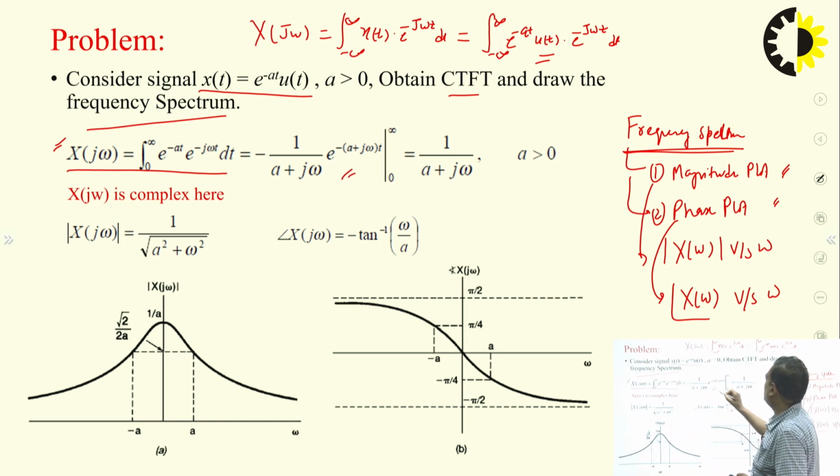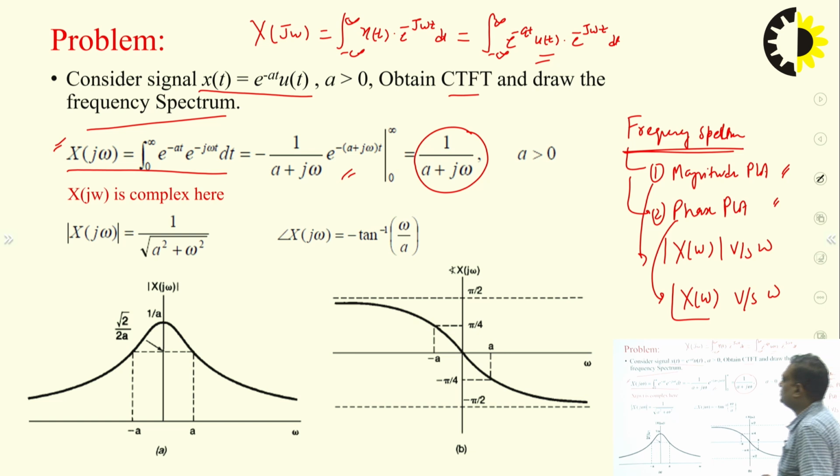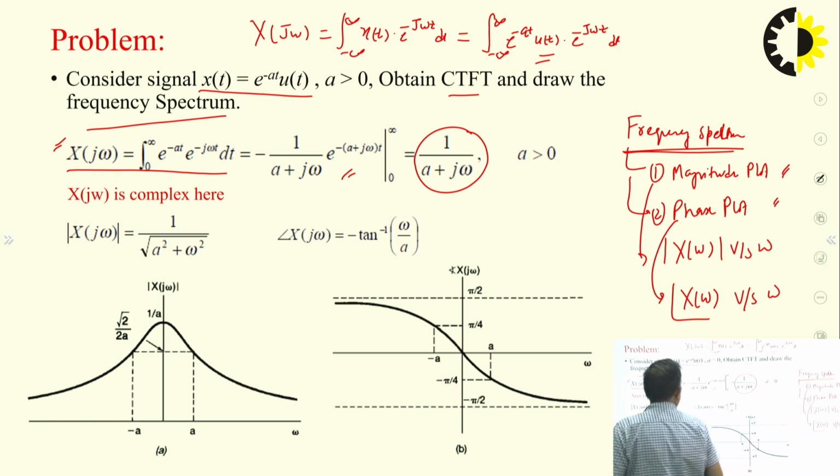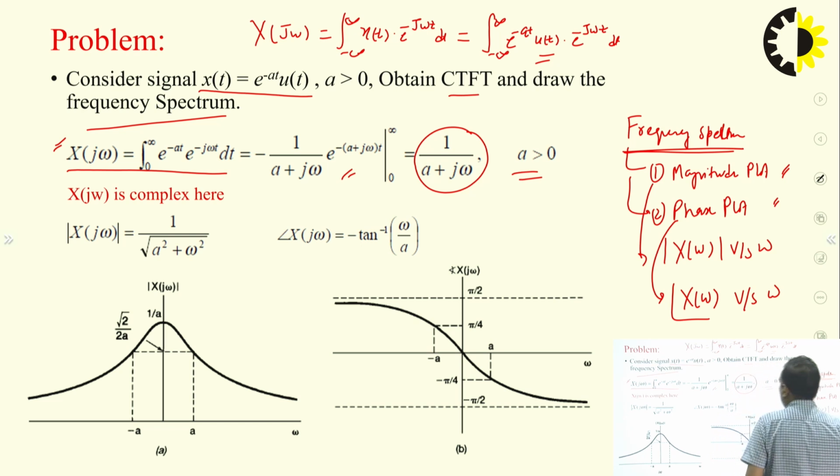When we solve it, we obtain the value 1 upon (a plus jω). So the Fourier transform of x(t) equals e^(-at) u(t) is 1 upon (a plus jω), and here a is greater than 0. Now you can see X(jω) is a complex quantity. So for analysis purposes, we will draw the magnitude plot as well as the phase plot.